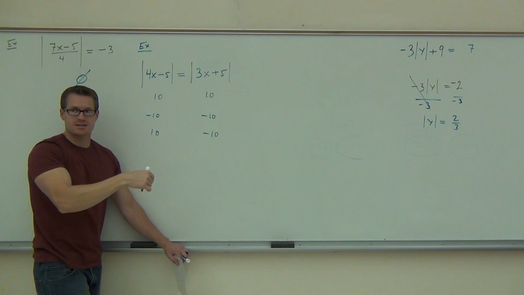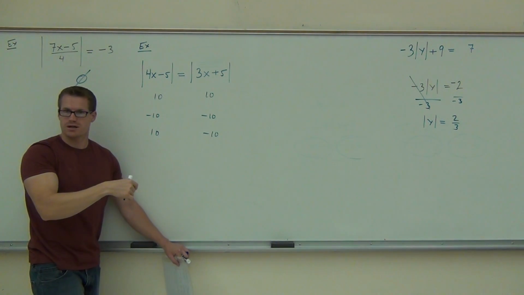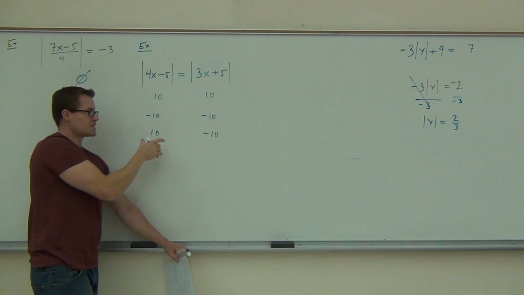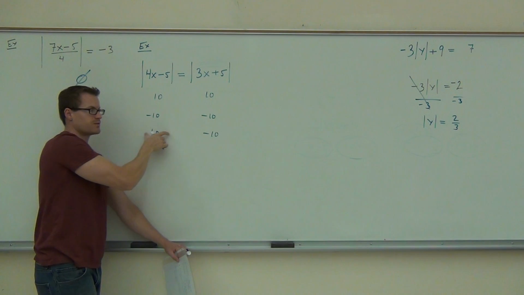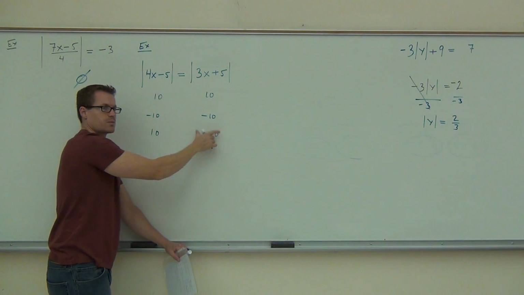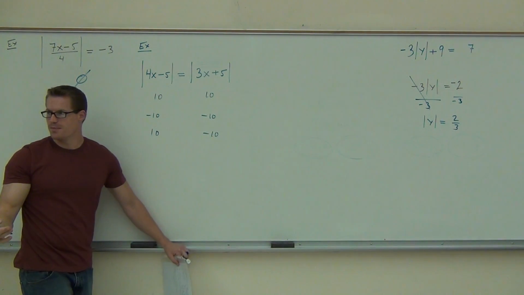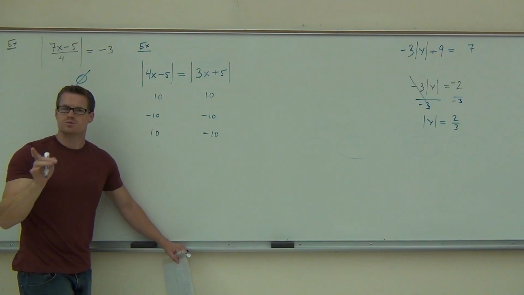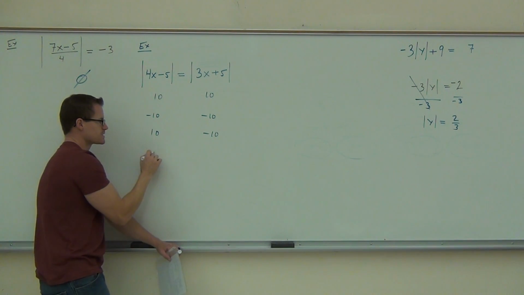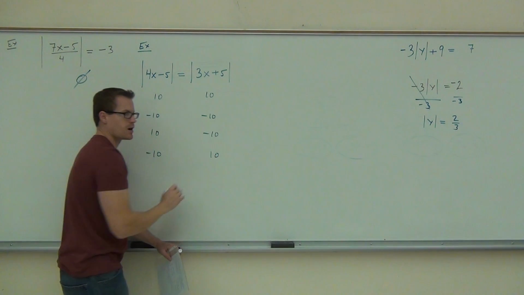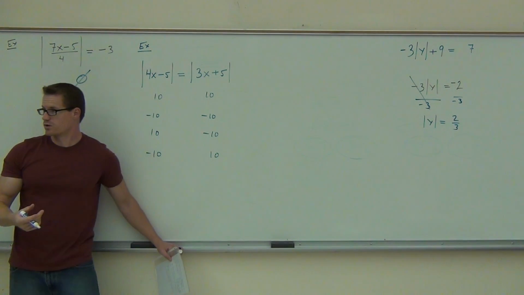I need you to kind of get this if you're going to understand the idea here. What's the absolute value of 10? 10. What's the absolute value of negative 10? 10. So when I plug them into the absolute values, they both become positive, they're still equal. There's one more case. If this is negative 10 and this is positive 10, would that still work? Yes.